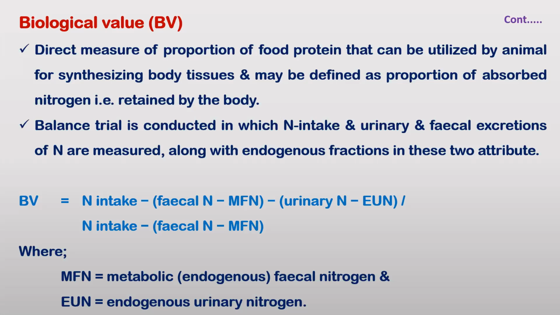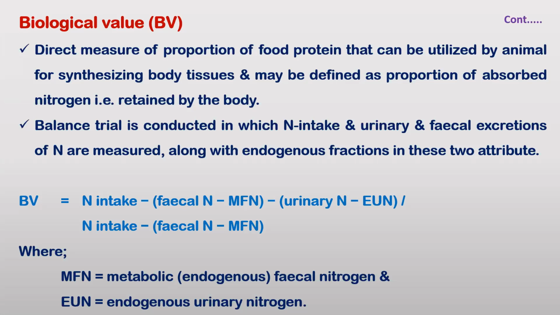So how much of the protein absorbed by the system is used for the synthesis of body tissues. This is the absorbed quantity of nitrogen which is retained by the body. Simply we can say that the offered protein which is absorbed and retained by the body is the biological value.